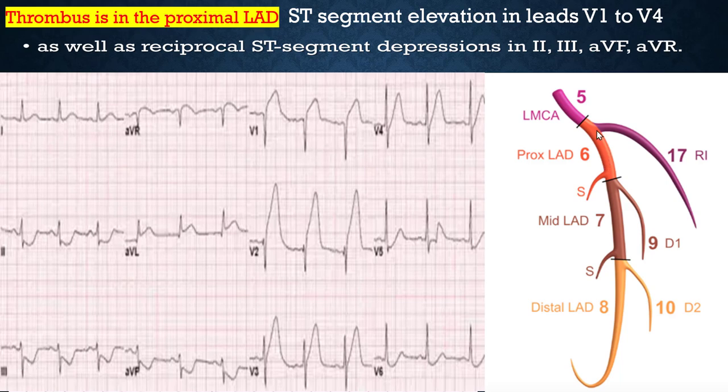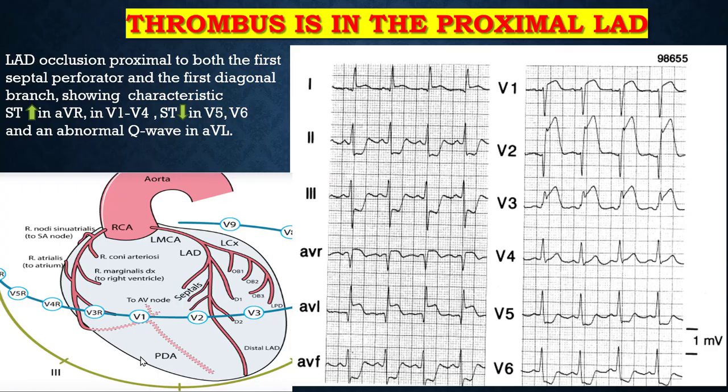This is the proximal portion, and when there is obstruction in this area, it causes elevation in V1 to V4 and reciprocal depression in 2, 3 and AVF leads.